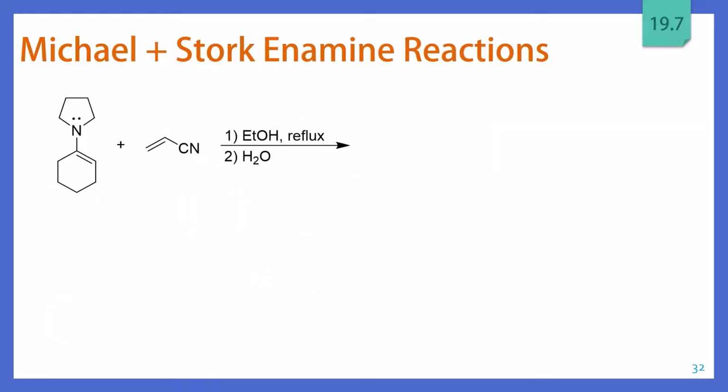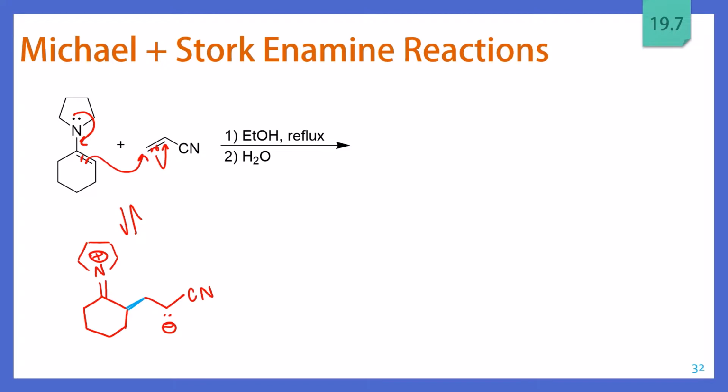You can also do a really cool combination Michael addition and Stork enamine reaction. So remember that in a Stork enamine reaction, you're using an enamine essentially as an enolate. So if you take these electrons, bring them down and create a pi bond, that's going to push out these pi electrons to attack the beta carbon, because it's going to be a weak nucleophile, which would push those electrons onto the carbon alpha to the nitrile.